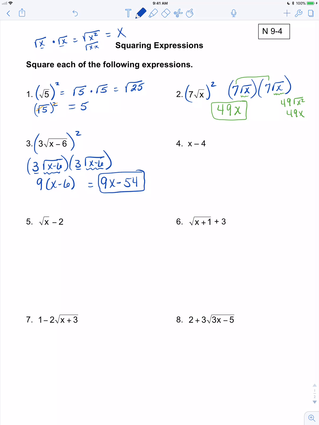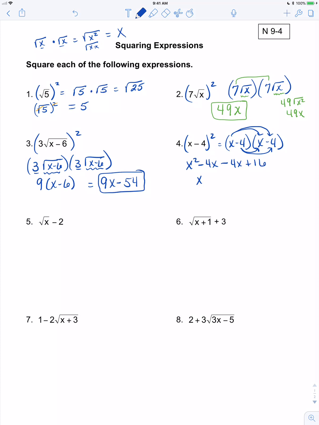Remember, if we have a binomial and we decide to square that, that means to write it twice, x minus 4 times x minus 4. Again, we're going to use the FOIL method: x times x is x squared, x times negative 4 is negative 4x, negative 4 times x is negative 4x, and negative 4 times negative 4 is positive 16.